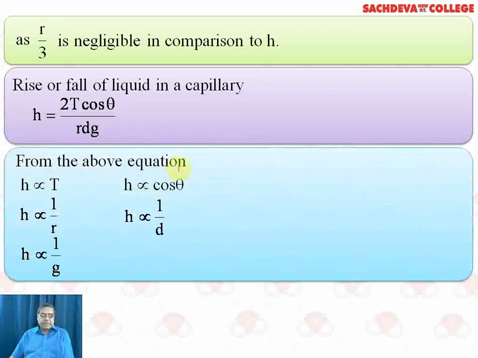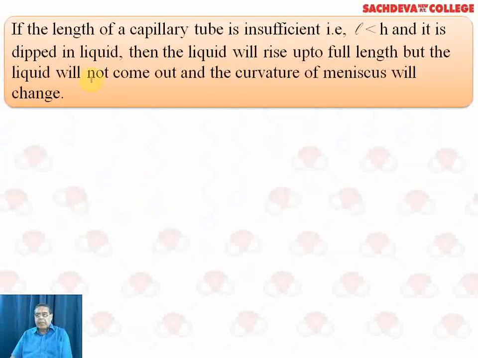From the above equation, we get various relations: the height of the liquid column is directly dependent upon the tension, it is inversely proportional to R, it is inversely proportional to the acceleration due to gravity, it is directly proportional to the cos of the angle, and h is inversely proportional to d.